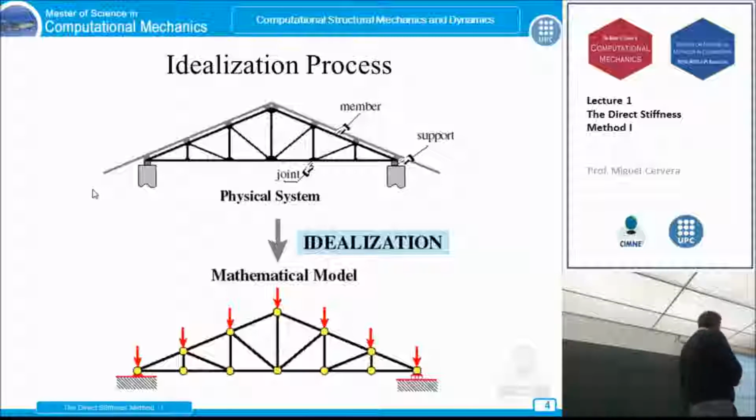It's already discrete because we can assign numbers to the members, and it is a finite number of members. They are very clearly identified. And we can assign numbers to the nodes, and they are very clearly identified as a yellow dot. In other cases, the mathematical model is continuum and still needs to be discretized. And we will consider this next.